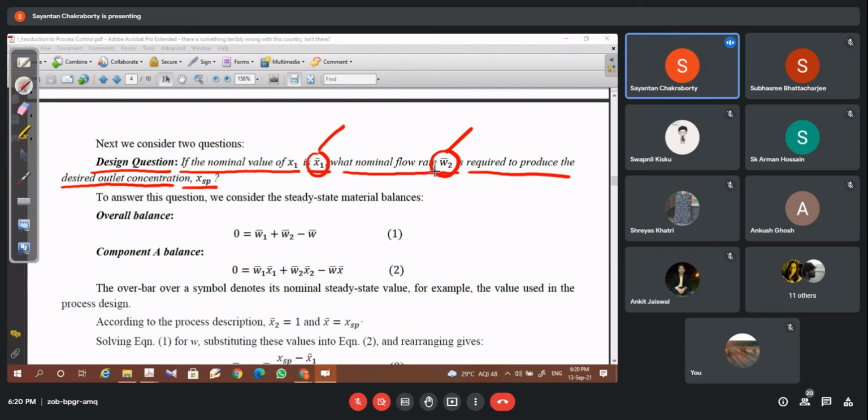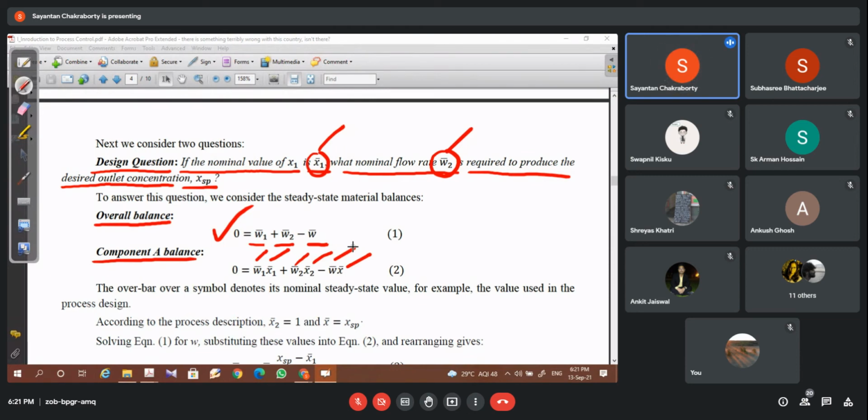If X1 is given, a nominal value is given, then what should be the nominal value of W2? For that, you have to consider the overall flow balance: W1 bar plus W2 bar, both the inflow rates, minus W bar, the outflow rate, should be equal to 0, and the component A balance. In the first stream, X1 is the concentration and W1 is the flow rate. In the second stream, X2 is the concentration, W2 is the flow rate. And in the outlet stream, X bar is the concentration, and W bar is the flow rate.